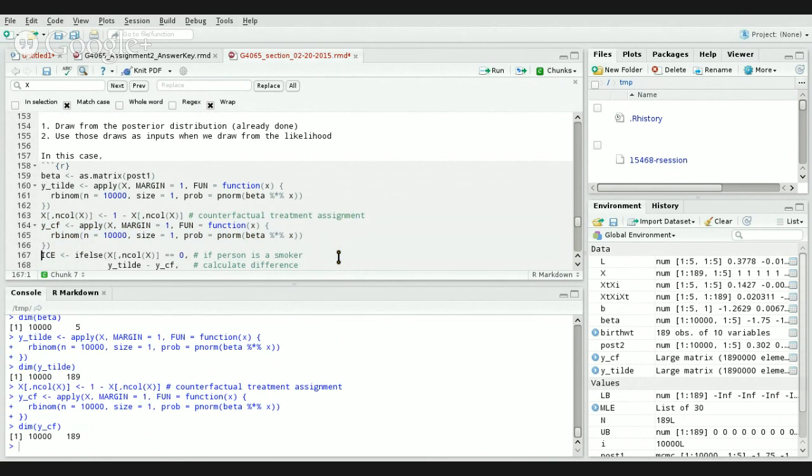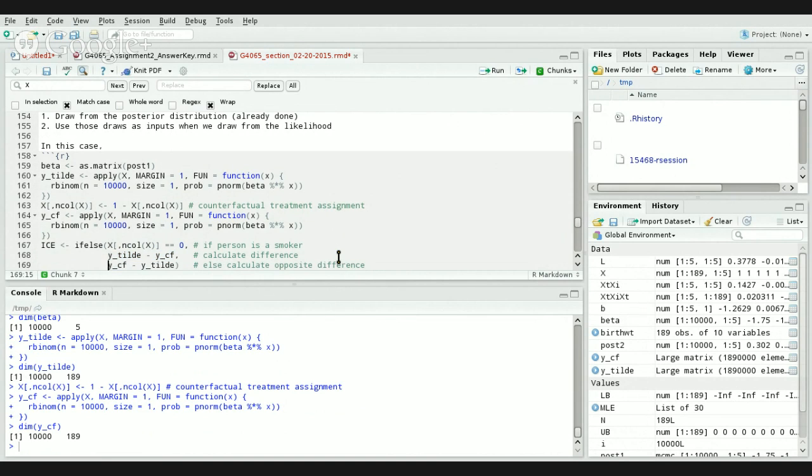So if we want our model-based estimate of the individual causal effect, we can use the ifelse function. So if X, the last column of it, is currently 0, that means the person was originally coded as a smoker. So the individual causal effect for those people is going to be Y tilde minus YCF.